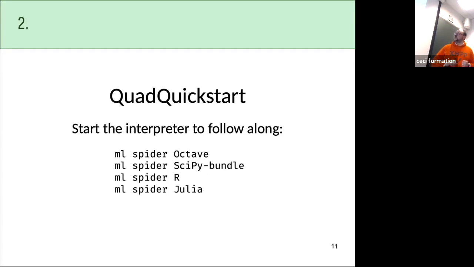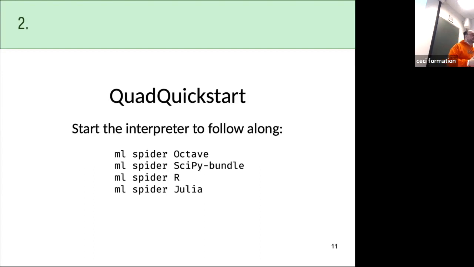So the first thing after you are connected is to use ML Spider to find out which modules are available for the interpreter that you want, and then use module load with maybe a specific release, and then Octave or SciPy-bundle. The SciPy bundle is Python plus SciPy plus NumPy plus everything that is necessary for Python to become a full scientific language.